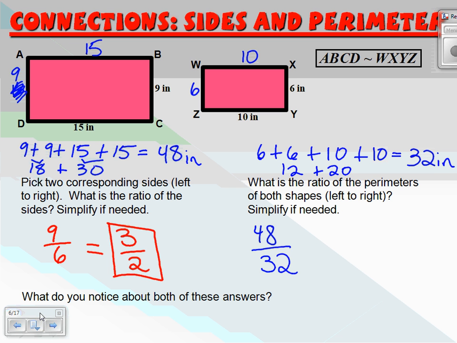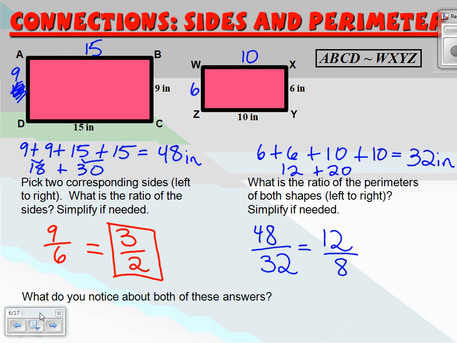I think the biggest number that can go into 48 and 32 is 4. Is there a bigger number? I think there is, but I'm going to just try 4. So I'm going to divide the top and bottom by 4. 48 divided by 4 is 12. 32 divided by 4 is 8.